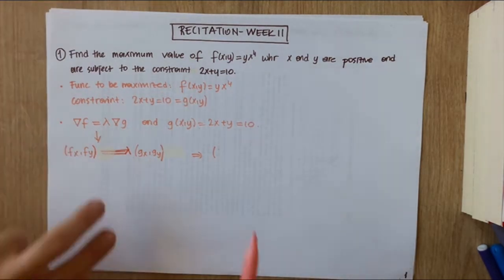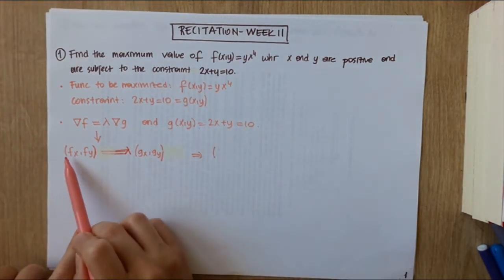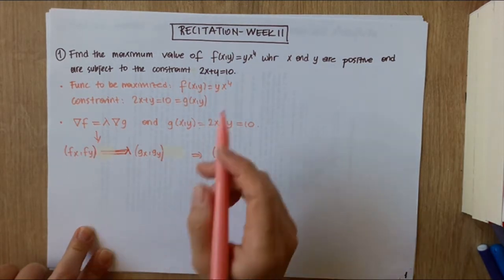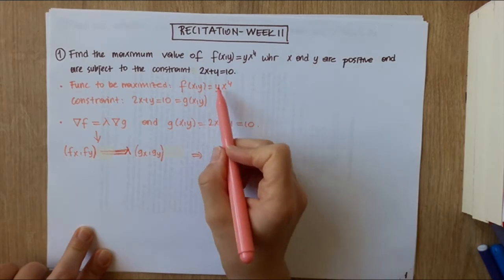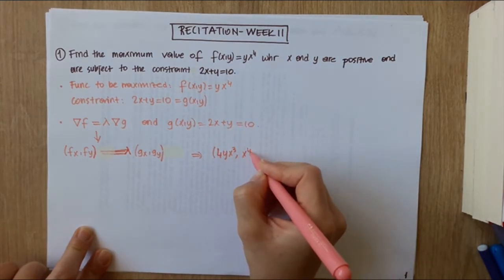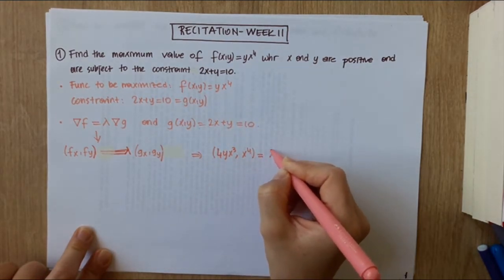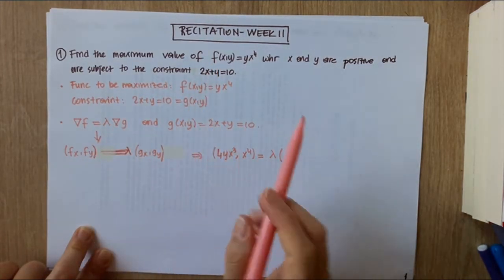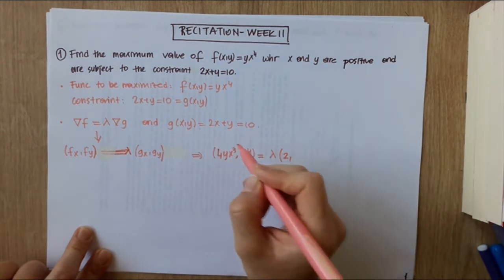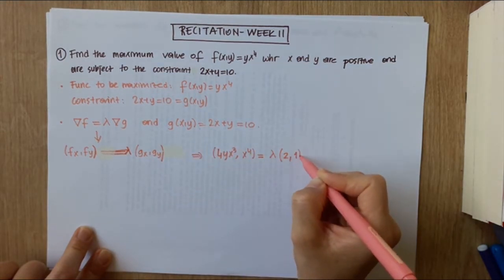The derivative of this function with respect to x is 4yx cubed, and the derivative with respect to y is x to the 4, equals lambda times the derivative of g with respect to x, which is 2, and the derivative of g with respect to y, which is 1.